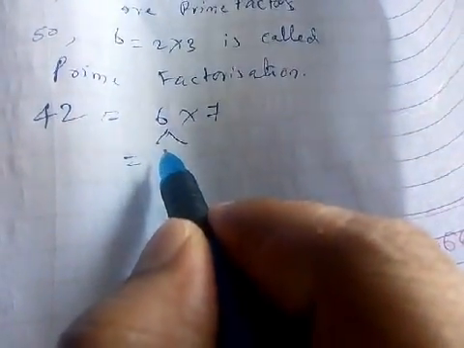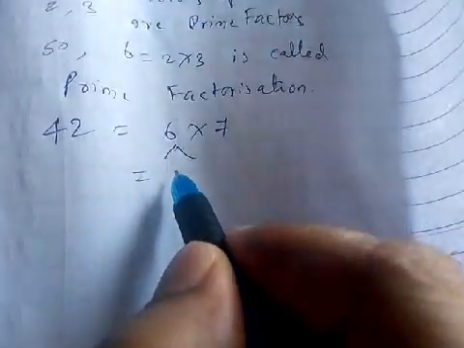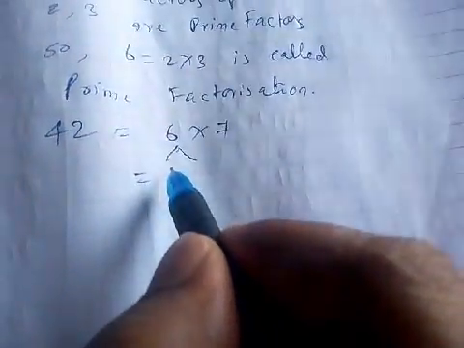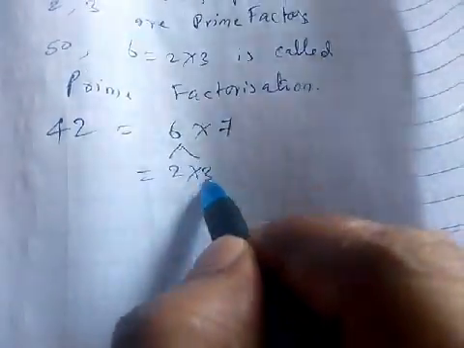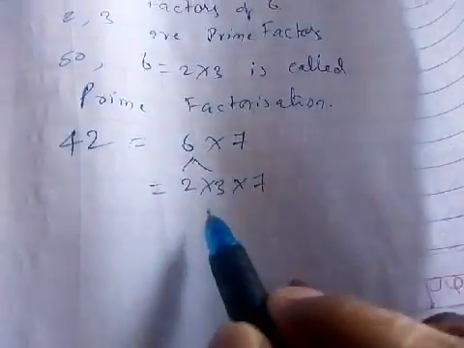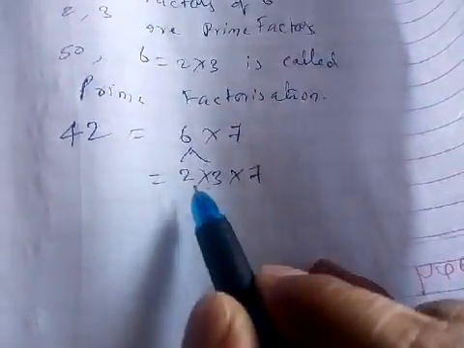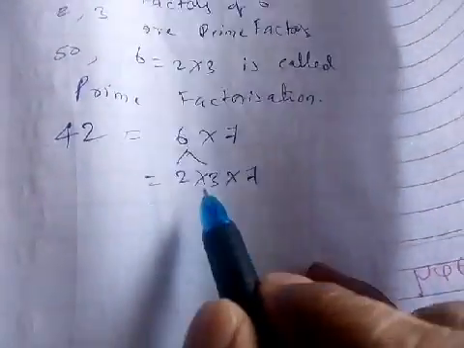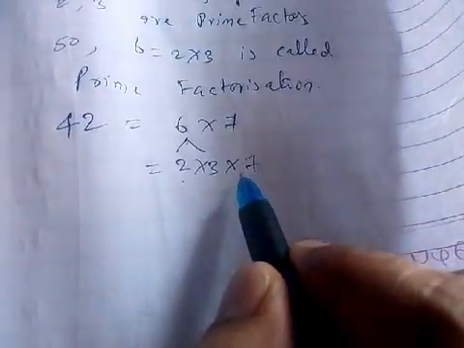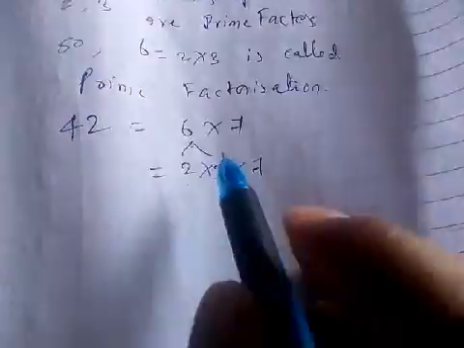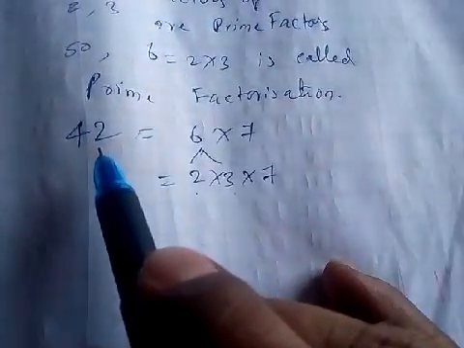Can you think which two prime numbers give 6? So 42 can be written as 2 into 3 into 7. Now here 2, 3, 7 are prime numbers. So 2 into 3 into 7 is the prime factorization of 42.